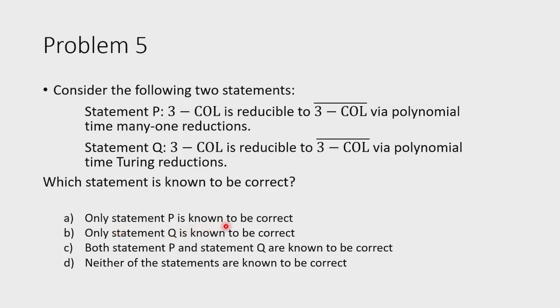Only P, only Q, both P and Q, or neither of them? So what's the answer of this one? Sir, I think C. Okay, yeah. So the answer is B because of the following reason.